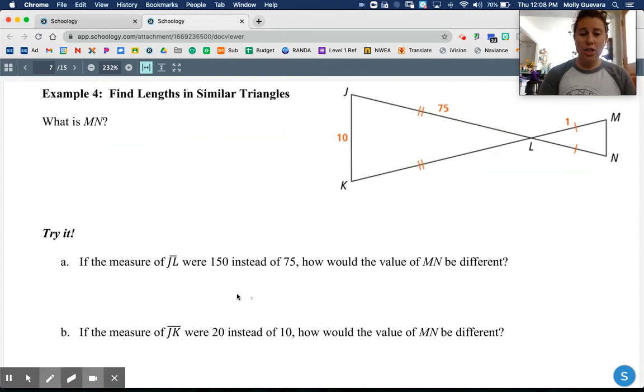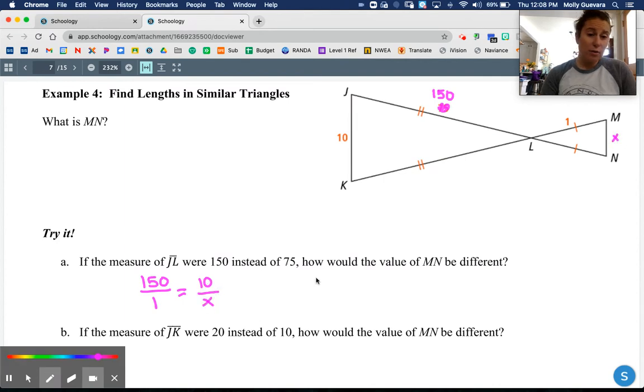Okay, so let's check our work here. This is saying if this was instead of 75, it's 150, how would it change? Well, then the ratio would be 150 over 1, since I know these two sides are proportional, equals 10 over x, and this is still x. And I would just cross multiply here.